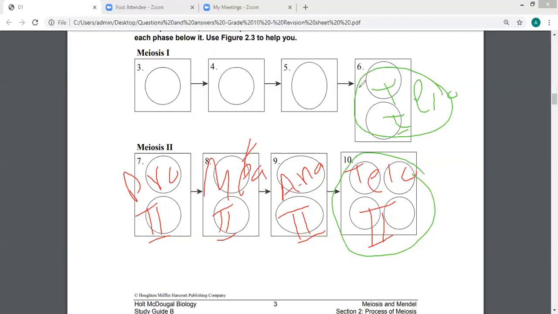At the end of telophase 1, the produced cell number equals 2. But in telophase 2, the produced number of cells is 4 cells. And this is the aim of the meiosis division. Firstly, what are the aims of meiosis division?